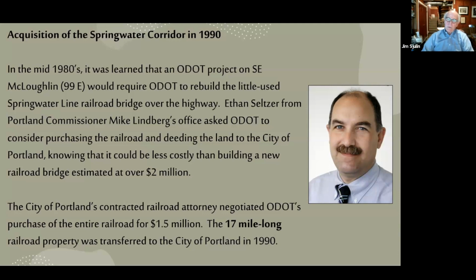And he realized that the bridge would cost more than potentially the railroad was worth. And he asked ODOT if they would consider buying the railroad so they wouldn't have to rebuild the bridge.